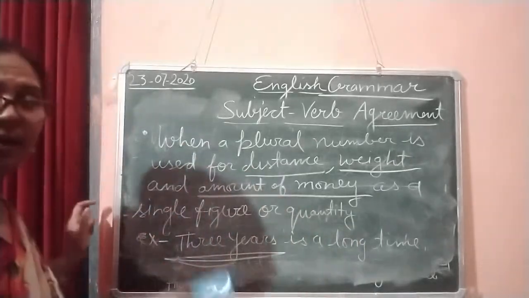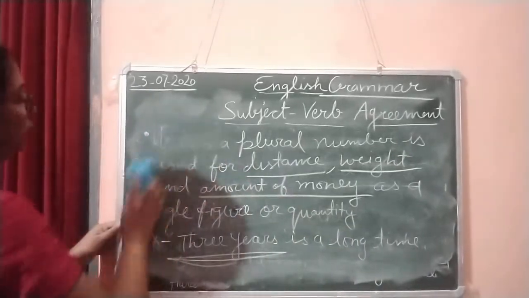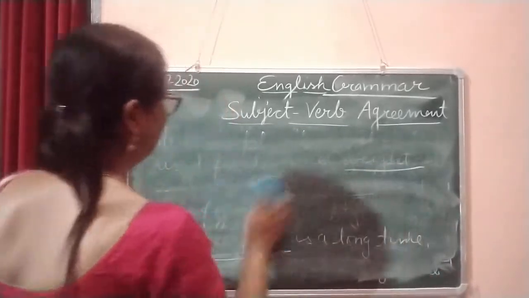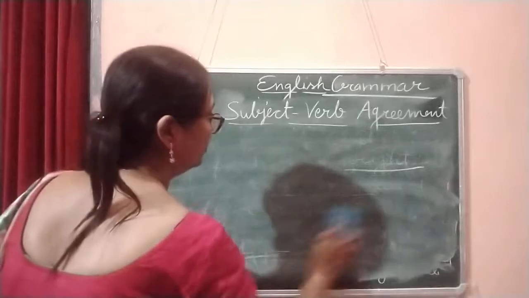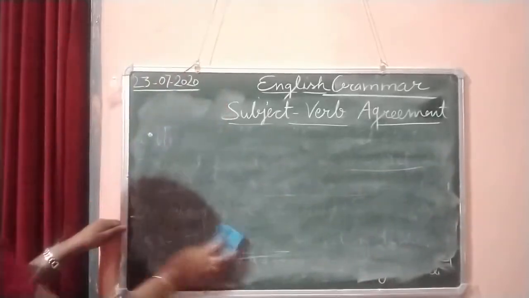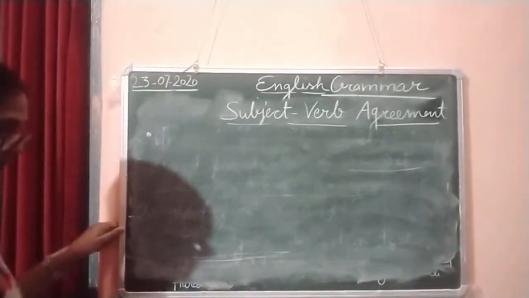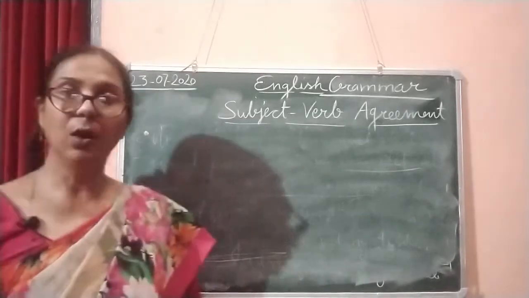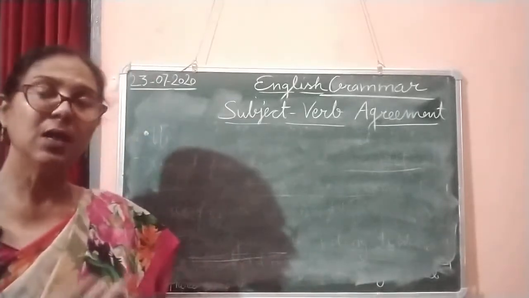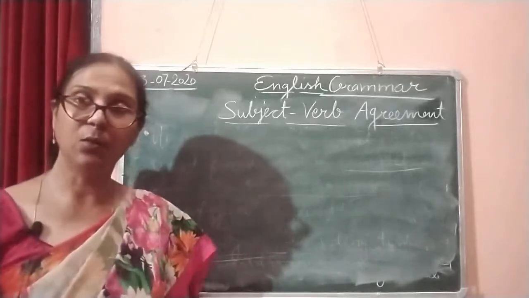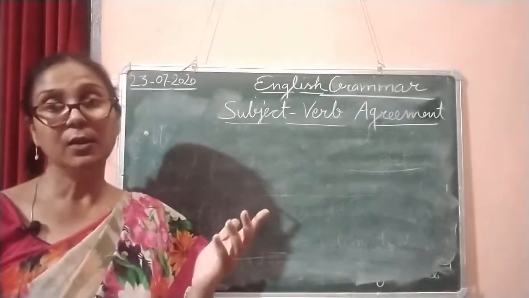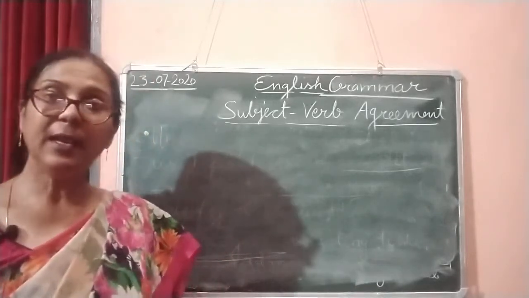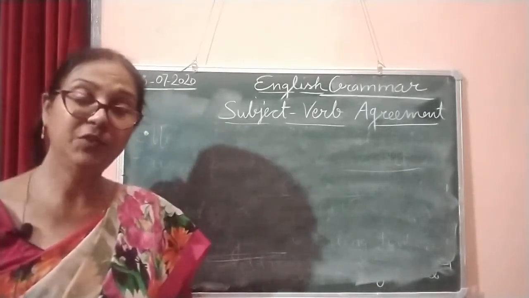Now we are moving to the next point, which is very important for verb agreement. That is collective noun. As you all know, collective nouns are considered as a singular noun, as we have already learned in our previous video and in our previous chapters.